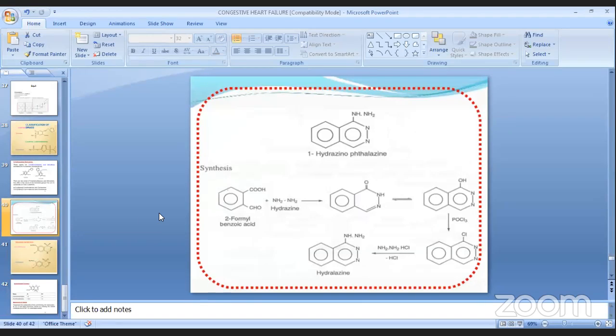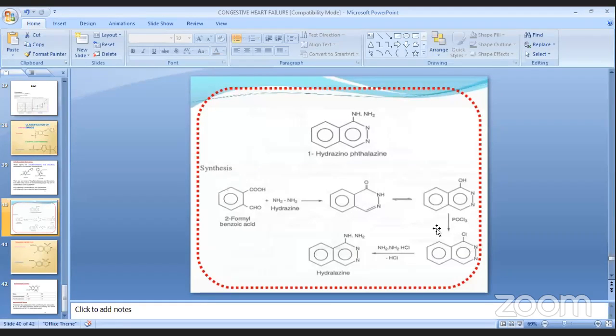Immediately it is given, and ultimately when we go for the synthesis it is very simple. 2-formyl benzoic acid plus hydrazine, cyclization takes place with formation of the hydrazine derivatives.